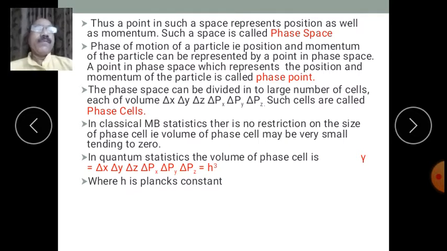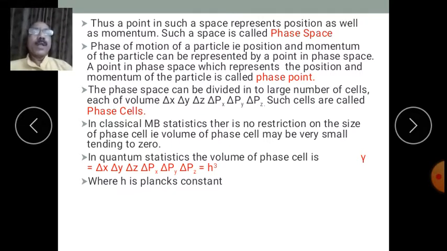So in phase space the coordinates of any point represent the position and momentum, which is nothing but the phase of motion of a particle, represented by a point in phase space. A point in phase space which represents the position and momentum of the particle is called a phase point. So any point in the phase space is called a phase point, which represents the position and momentum.